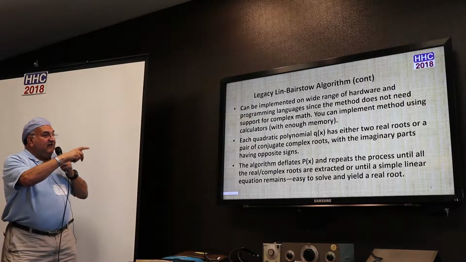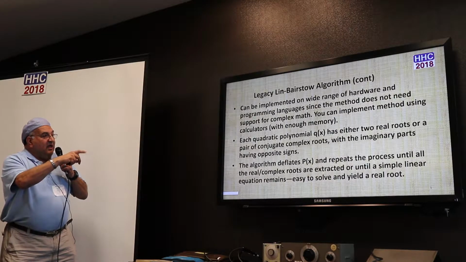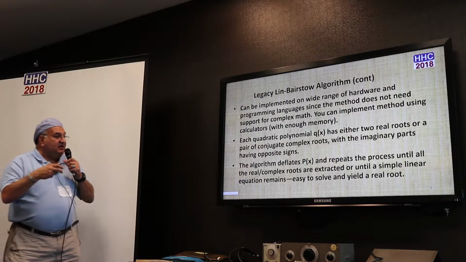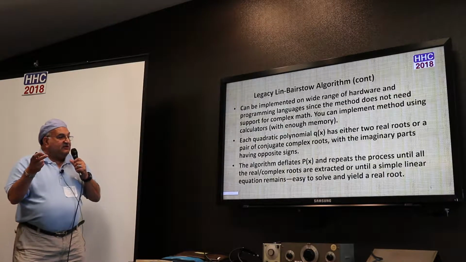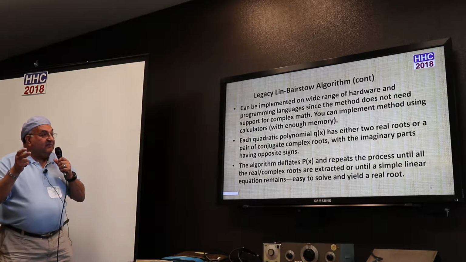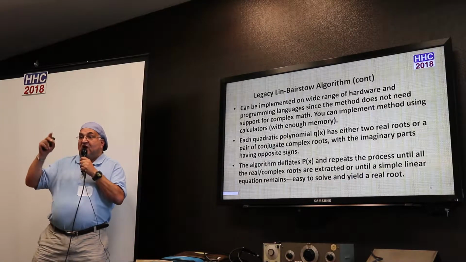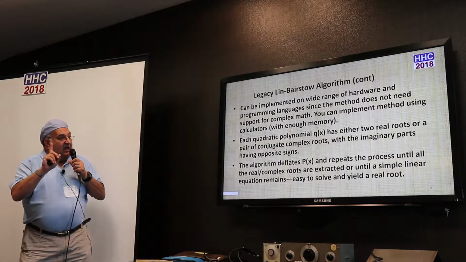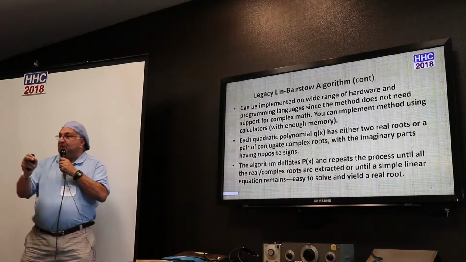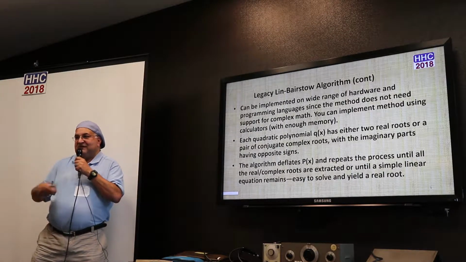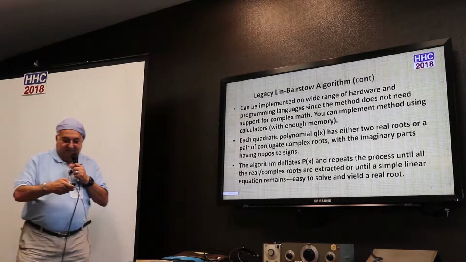We deflate p of x and repeat this process until all the real and complex roots are extracted, if the order is even. If it's odd, then you will have a remaining simple linear equation, and getting the root of that is easy as pie.